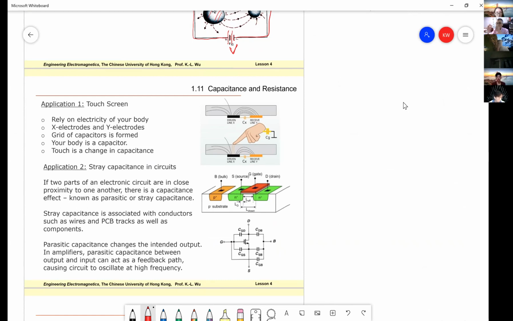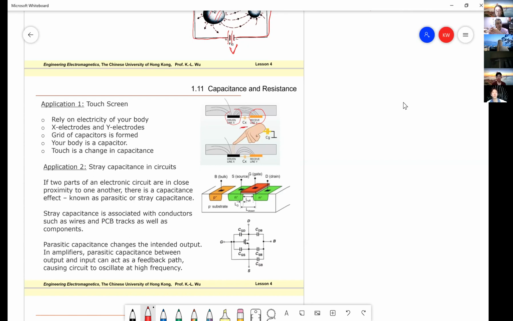The mechanism is, they have a driving electrode, and then a receiver electrode. Between these two, suppose you have one capacitor, Cx.